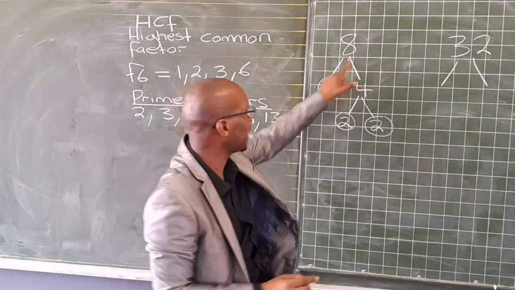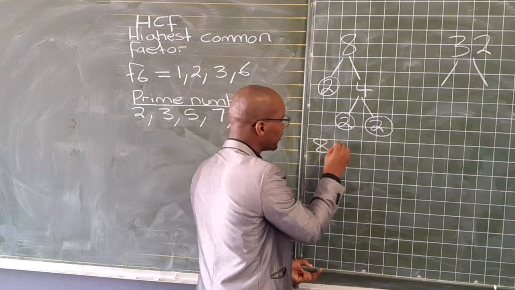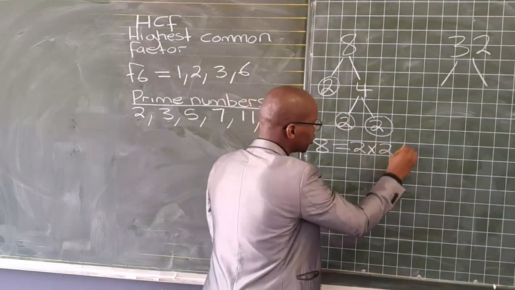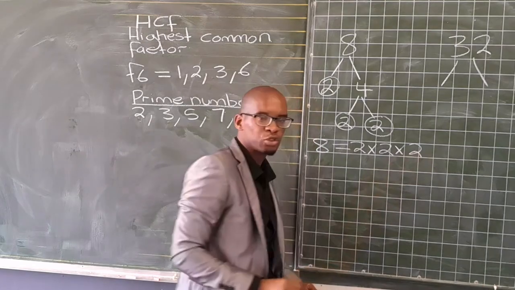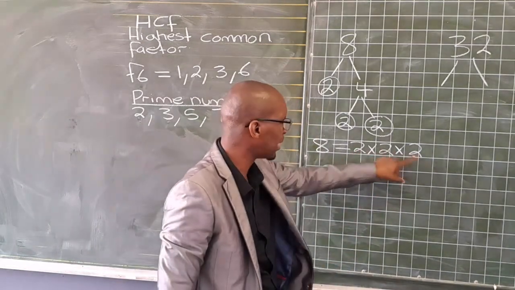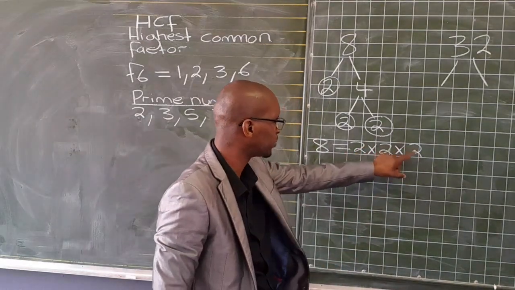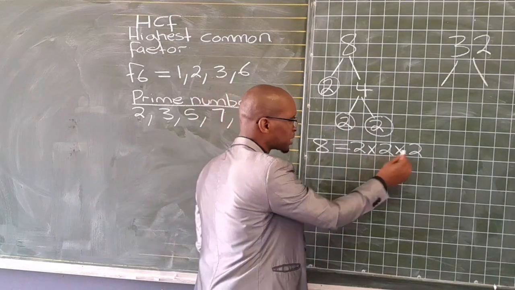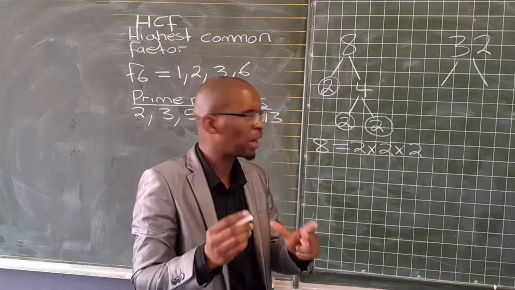That means that 8 as a product of its prime factors is equal to 2 multiplied by 2 multiplied by 2. Remember, when you multiply these numbers, 2 multiplied by 2 multiplied by 2 should give you the number 8, and all these numbers here should be nothing but prime numbers.